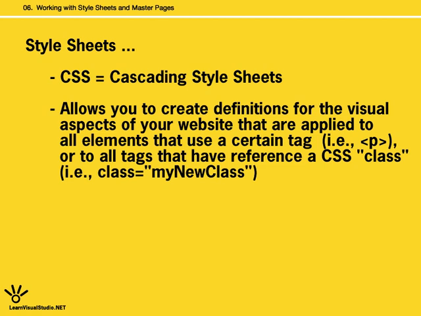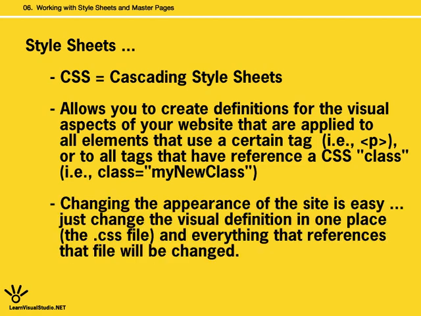In myNewClass, you might set the font to Arial, the size to something large, like a 3 or 4, the color to black, and set the bold property, and so on. And so whenever you add this class of myNewClass to a given element, whether it's contained within a div tag, a paragraph tag, or whatever the case might be, it will take on those visual elements.